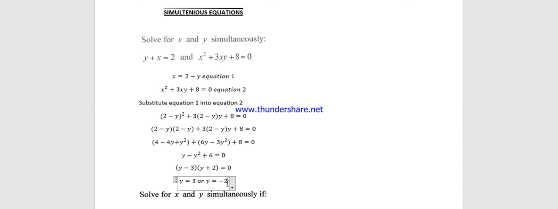Now I need to know what is the value of x if y equals 3, and what is the value of x if y equals minus 2, because I have solved for y here, but the question said solve for x and y. So now I am going to substitute into equation 1.